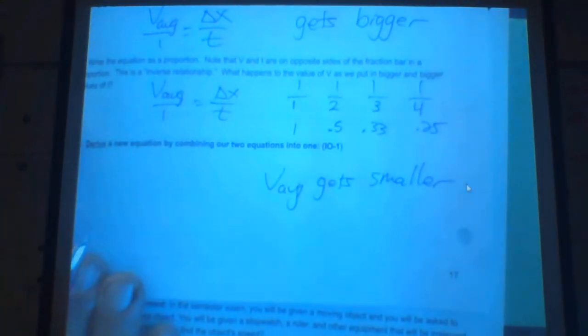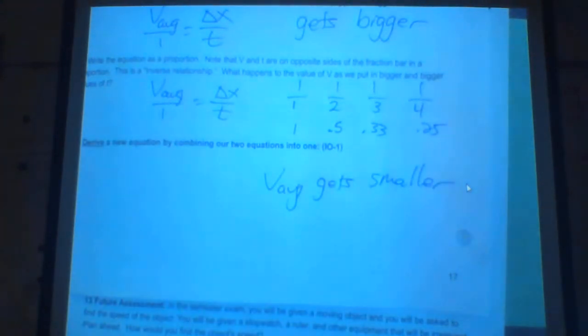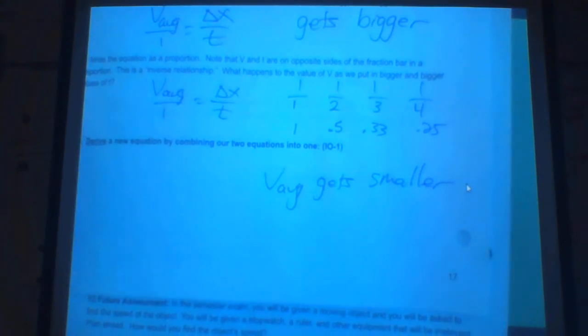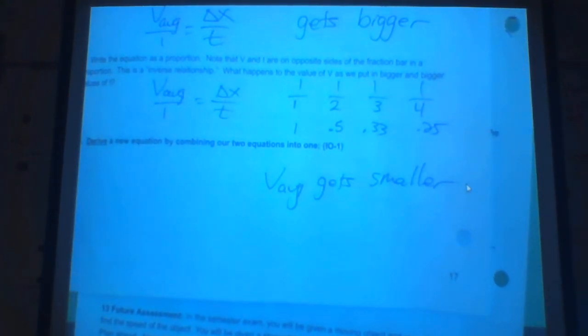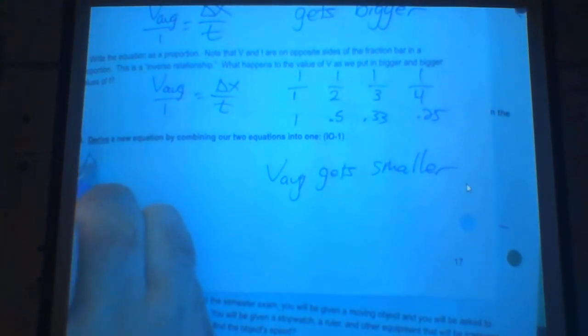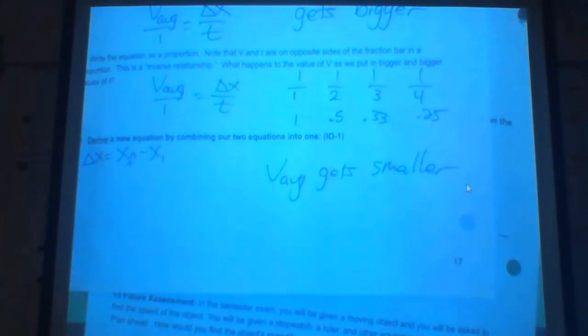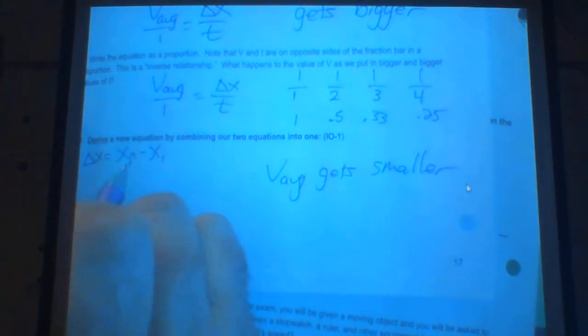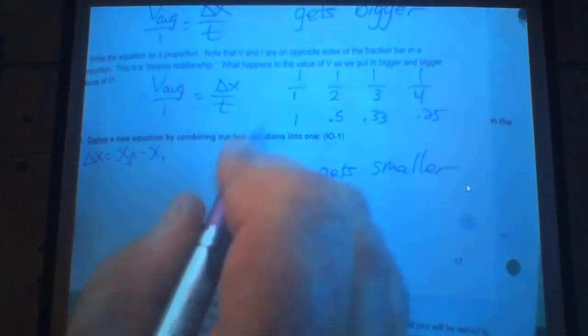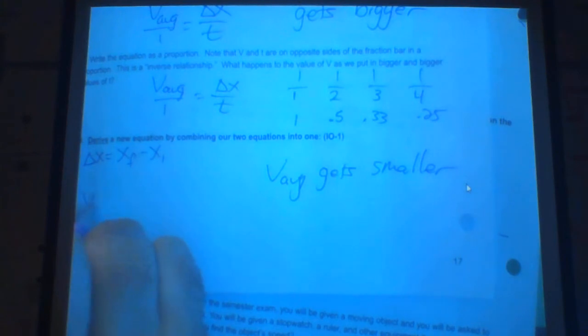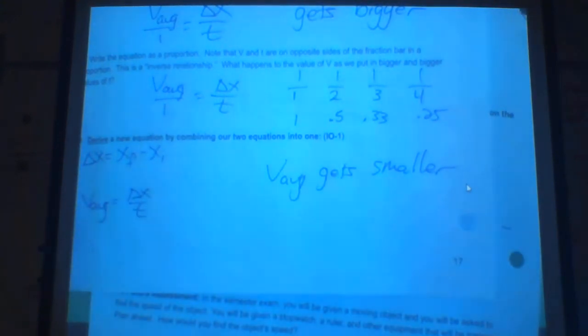Number 9. Whoop, I didn't move my paper up. Sorry about that. So you can pause the video and copy that down if you so choose. Number 9. Derive a new equation by combining our two equations into one. Our first equation that we learned yesterday was the displacement is equal to the final location minus the initial location. And then today's V average is equal to the displacement divided by time.